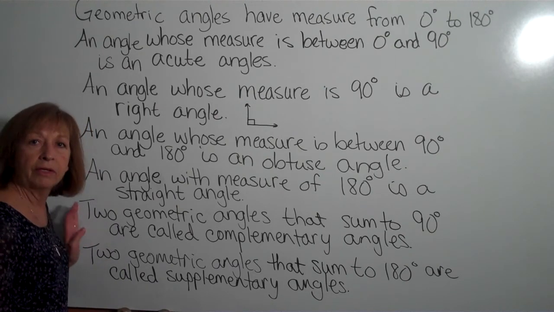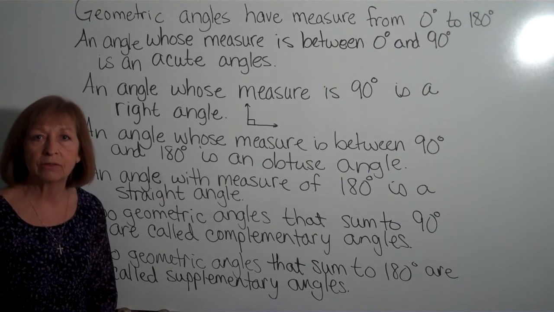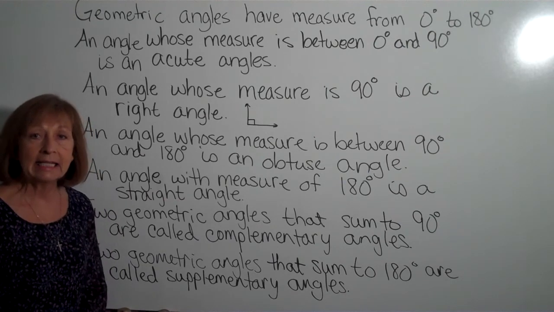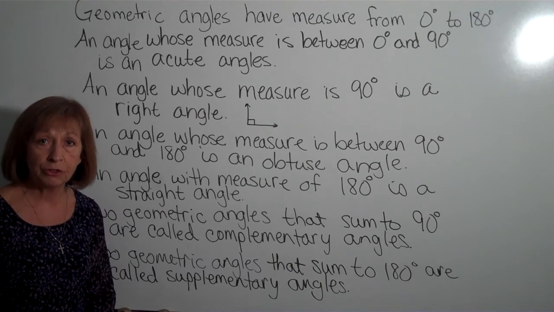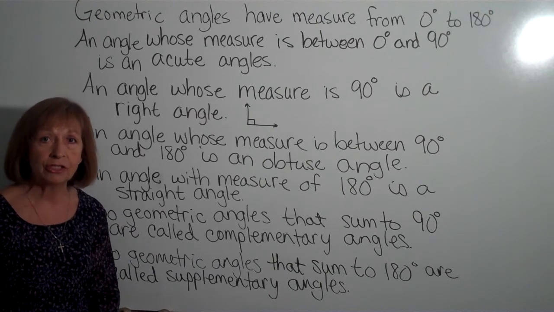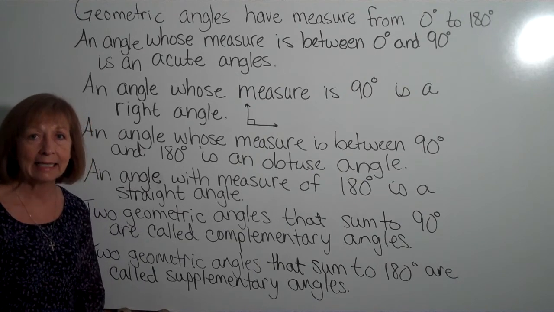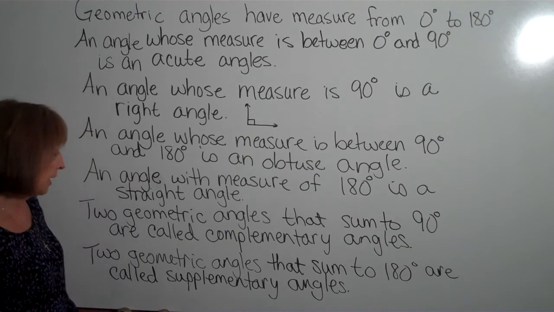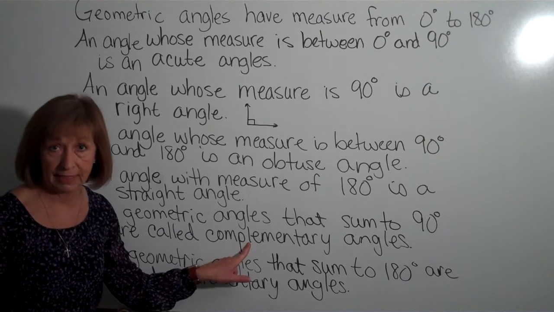Another type of vocabulary that comes into play when working with angles that are defined geometrically is this: if I have the sum of two geometric angles, and that addition of those two measurements adds up to exactly 90 degrees, those two angles are called complementary angles.